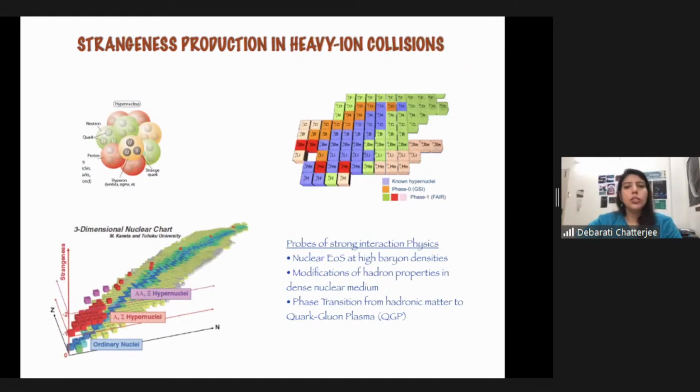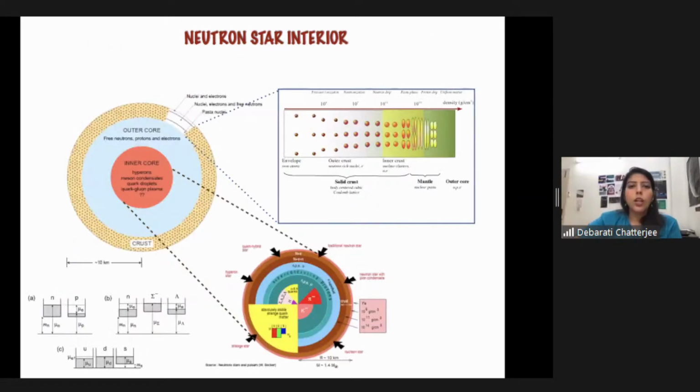This is something you see in heavy ion collision experiments, although momentarily. These hyperons are seen to be produced momentarily, and there are certain properties of these hyperons that tell you a lot about which kind of hyperon you have observed.